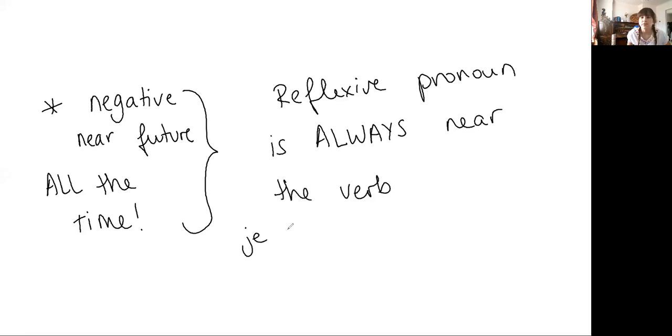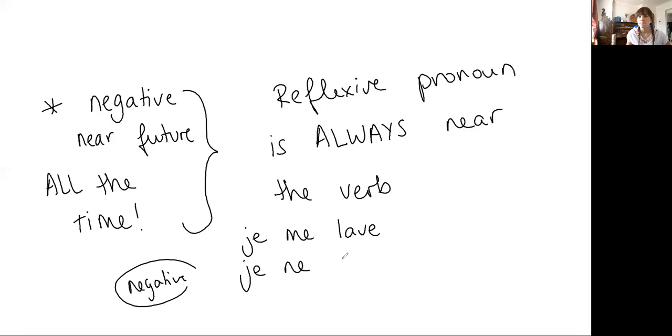So je me lave, that we took as an example earlier. If you write it in the negative, you're going to say je ne me lave pas, here close to the verb, always close to the verb.